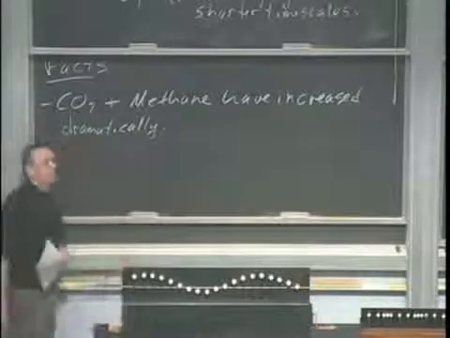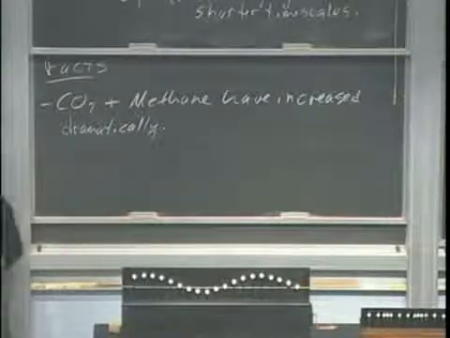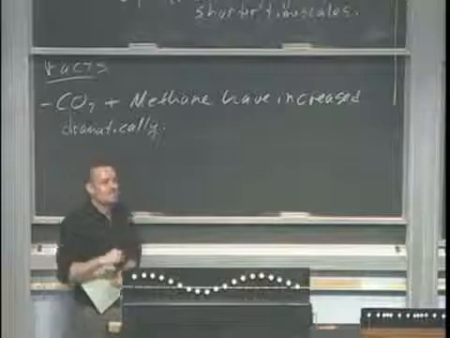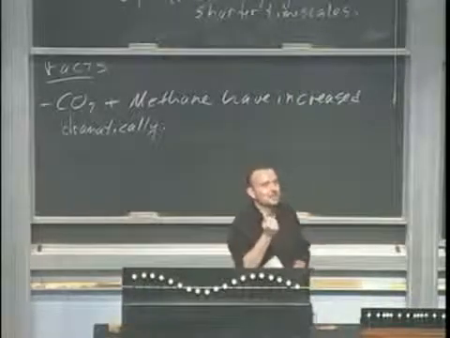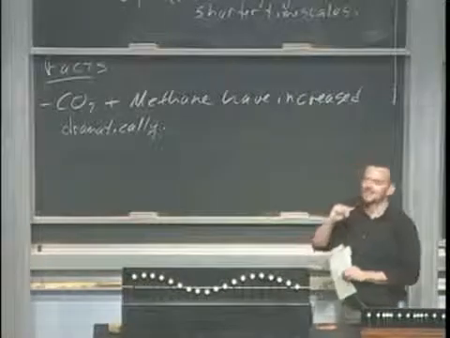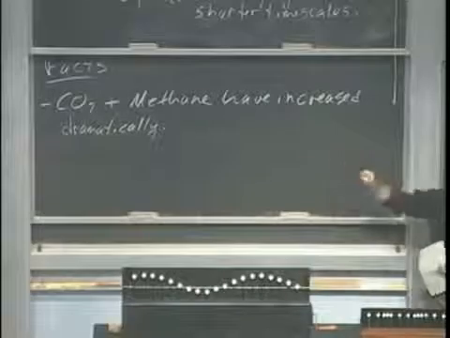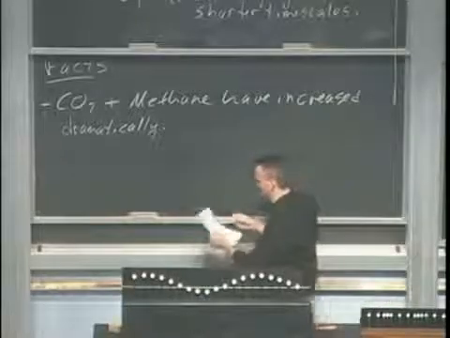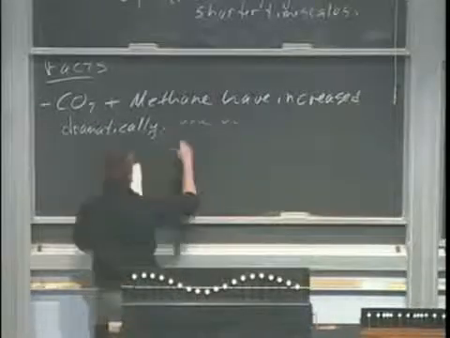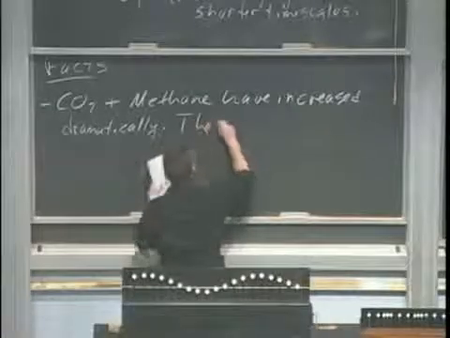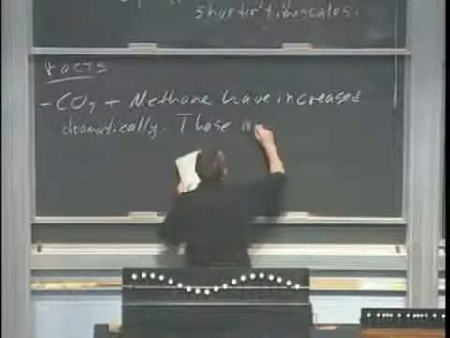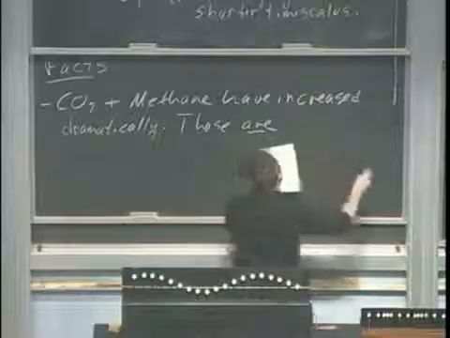Okay. Related to this is that the basic mechanism of the greenhouse effect is so extraordinarily simple that there is no question that increasing these is increasing the temperature of the Earth. There are complications, which I will discuss in a second, but there is no doubt that these are warming the Earth.